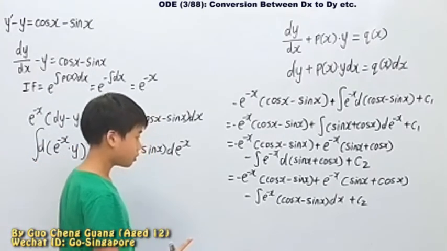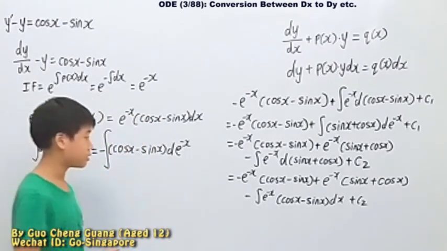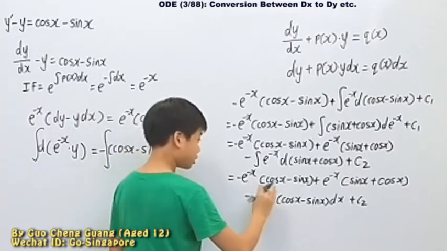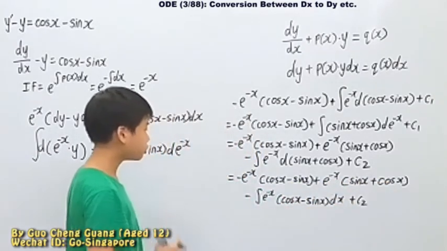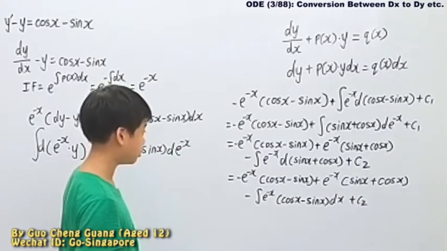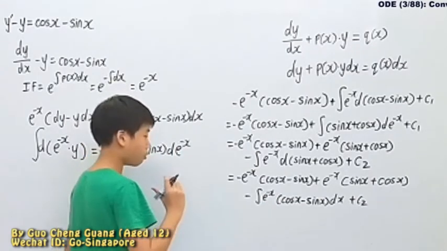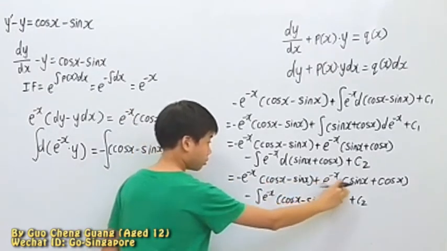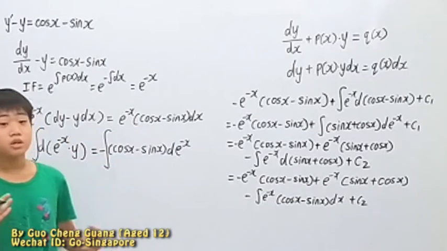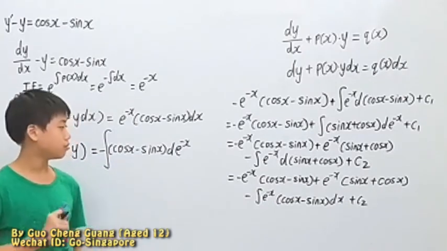But wait, can we simplify something? In this part, since we have sine, cosine, sine, cosine, we want to try to make it as simple as possible. Well, one thing I noticed here, negative cosine, positive cosine. So this cosine part cancels out.